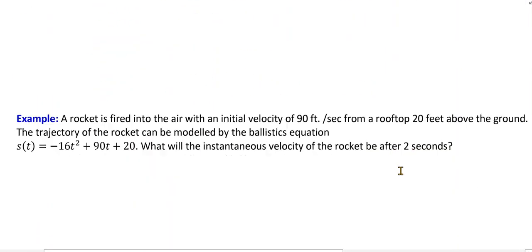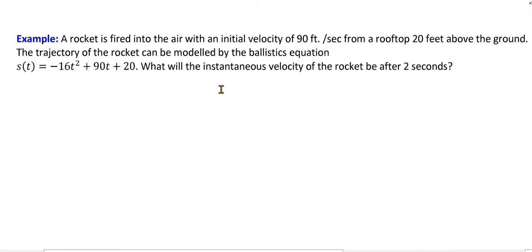The next problem is also an instantaneous velocity problem. We learned in a previous lesson that velocity is the derivative of the position function. So this is what we call a position function. It's s of t, the position at time t.